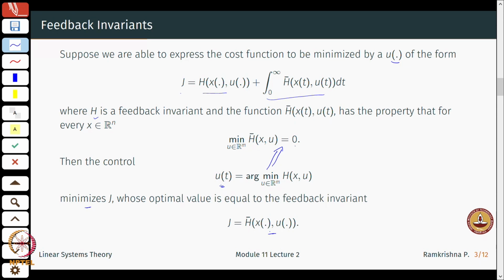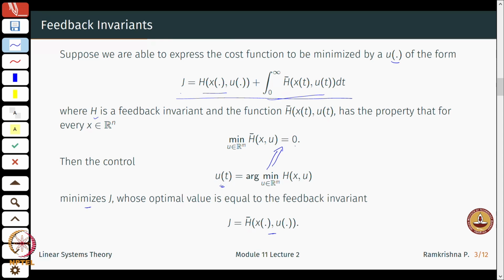We will read it out again. Suppose I am able to express my cost function to be minimized in this form. The previously defined cost functions could easily be written in this form, and we will see shortly why that is true. The first term is a feedback invariant, and the second term, this integral, is such that for every x belonging to R^n, the minimum is 0.